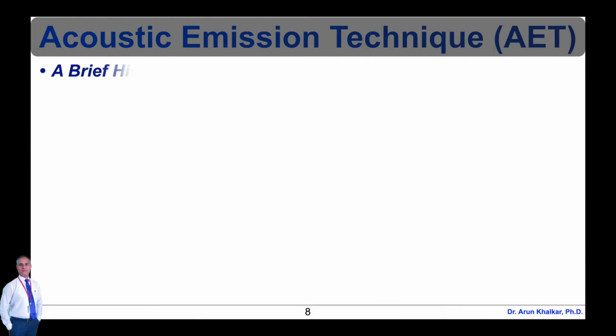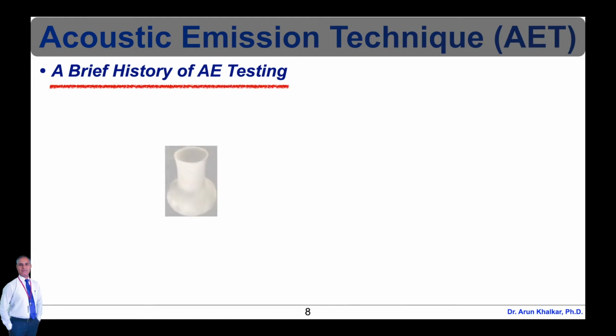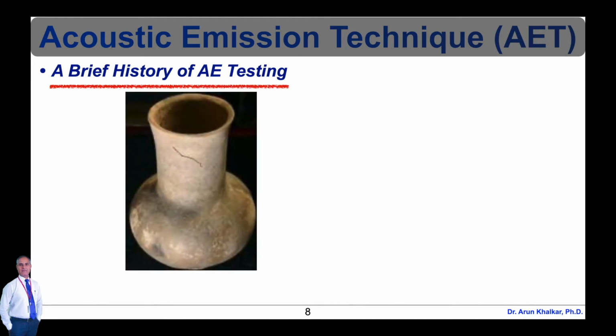Now let's see a brief history of acoustic emission testing. Although acoustic emissions can be created in a controlled environment, they can also occur naturally. Therefore, as a means of quality control, the origin of AE is hard to pinpoint.